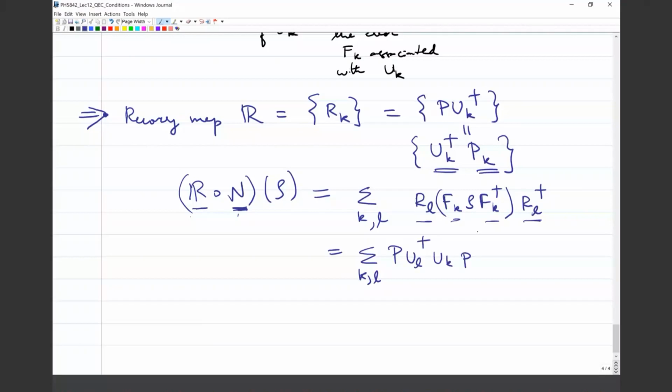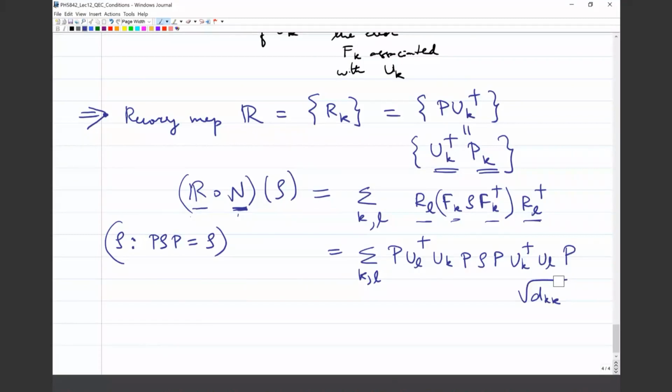Remember, rho is nothing but P rho P, right? Because this is all for all rho within the code space. Rho is such that it is inside the code space, right? So then this gives me again UK dagger UL P, except it has to be accompanied by these factors now, which is basically just DKK actually.